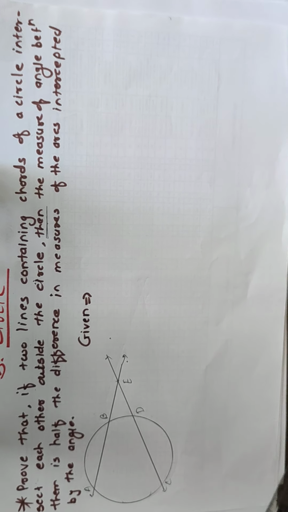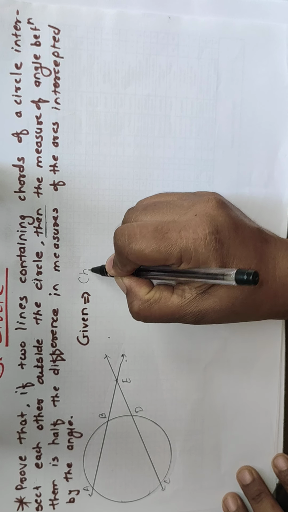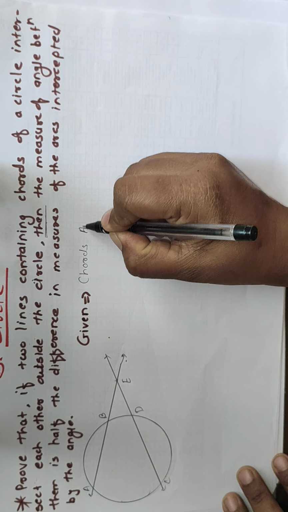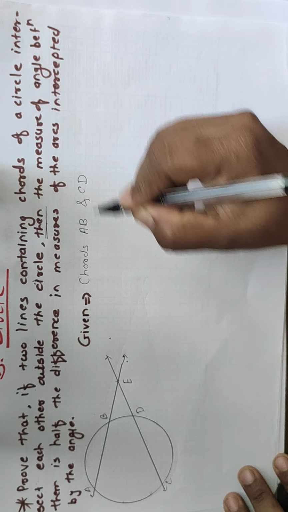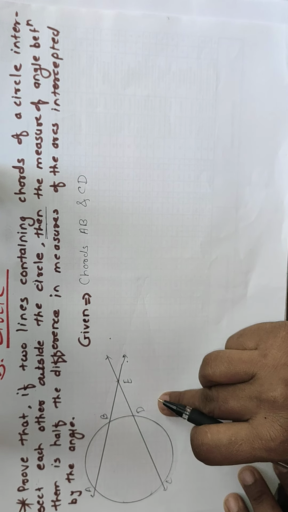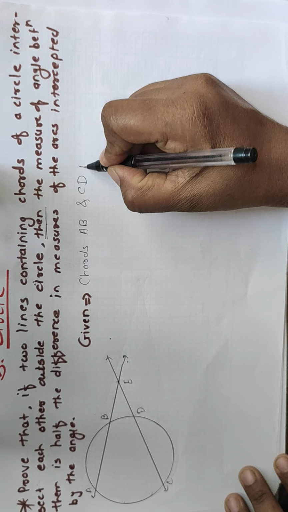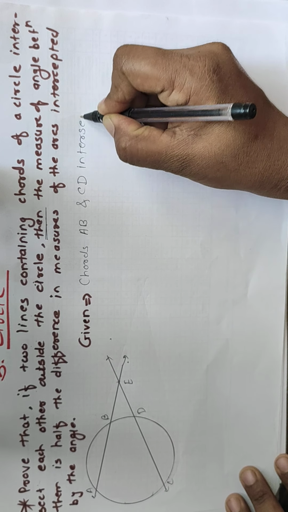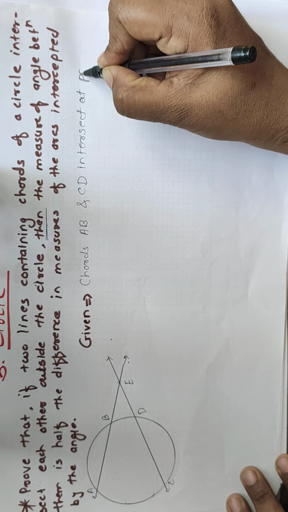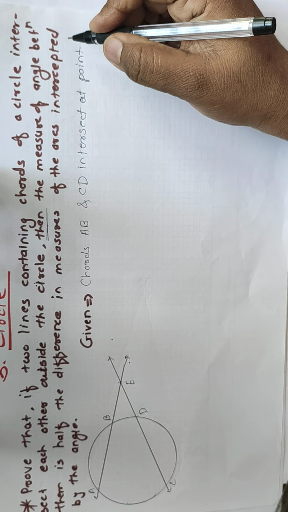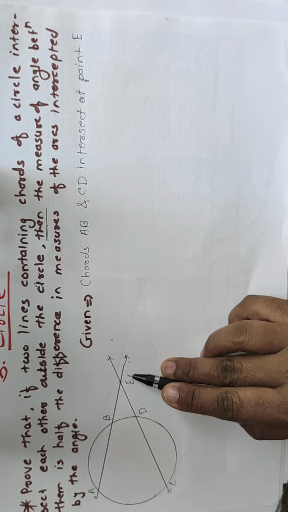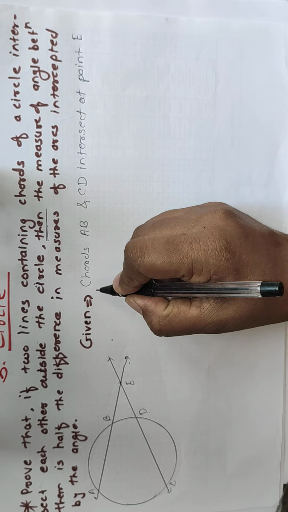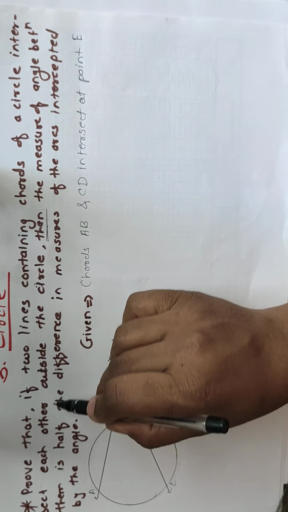Chords AB and CD intersect at point E. They are intersecting each other at point E in the exterior of the circle. That is important. They are outside the circle, meaning only the exterior of the circle.